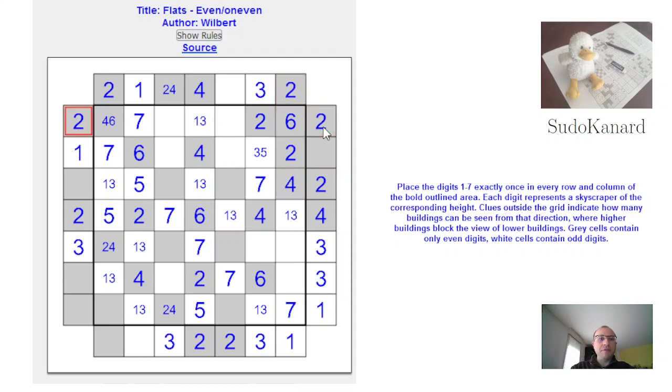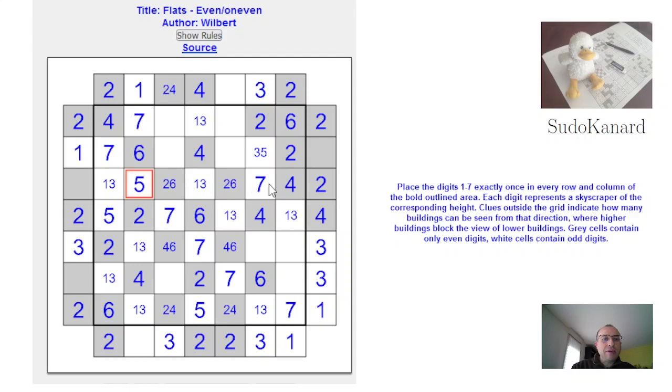Those clues are 2s. That's a 4. That's a 2. That's a 6. This is 2 or 4. That's a 2 clue. This is 4 or 6. Those are a 2-6 pair. And I'm left with those options for even digits.